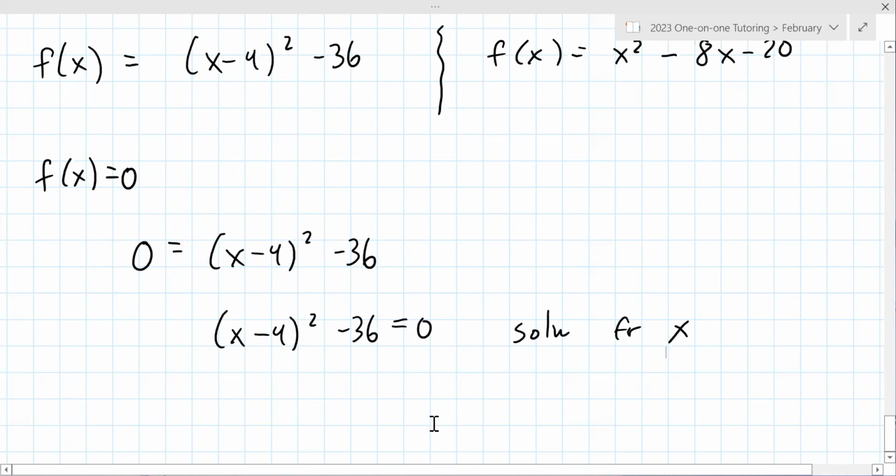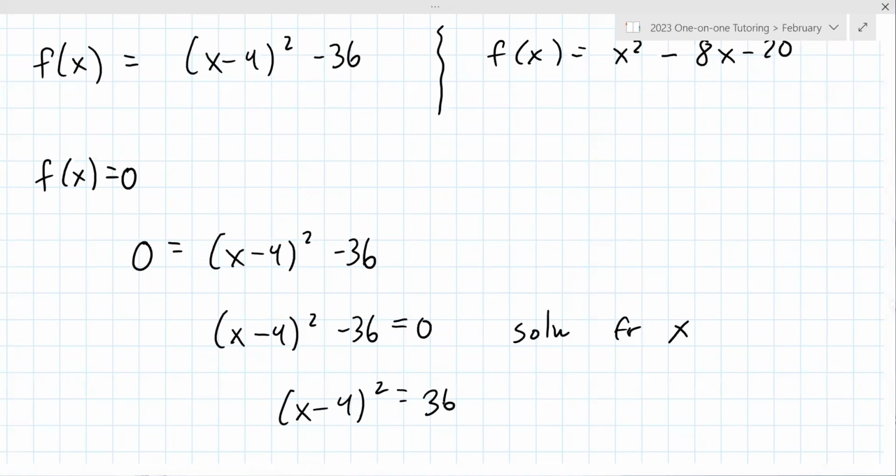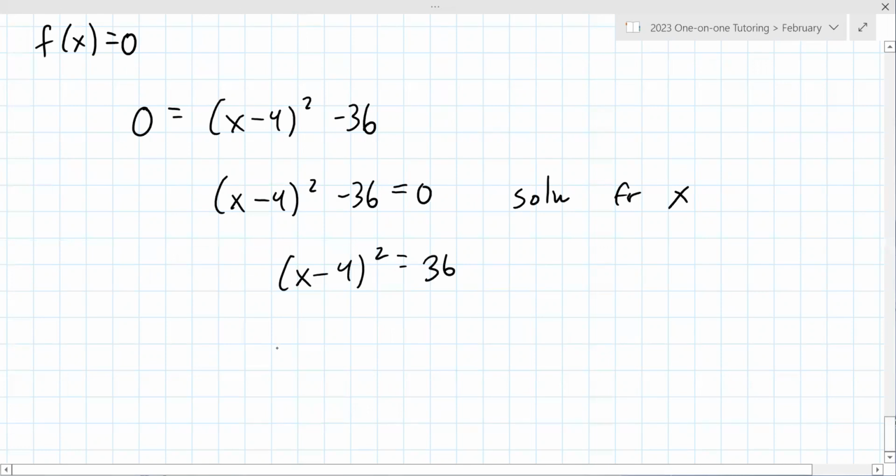To do that, this is when you add the 36. So x minus 4 squared equals 36. Square root of both sides. x minus 4 equals plus or minus the square root of 36.